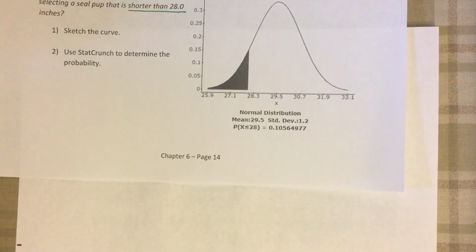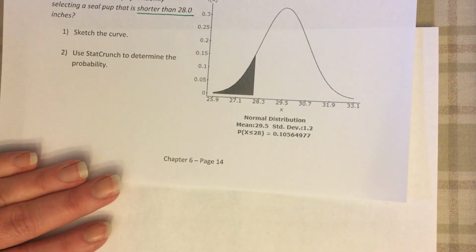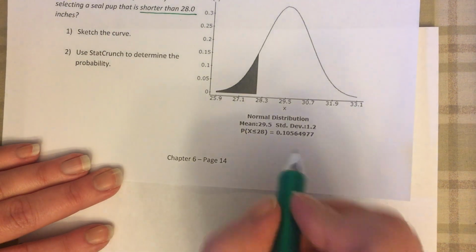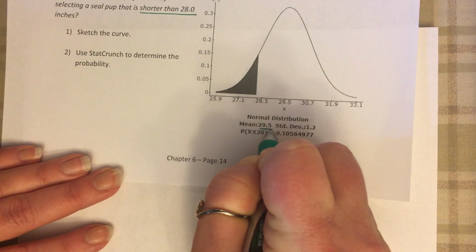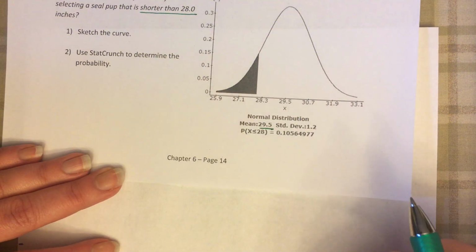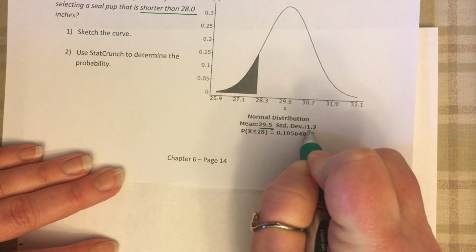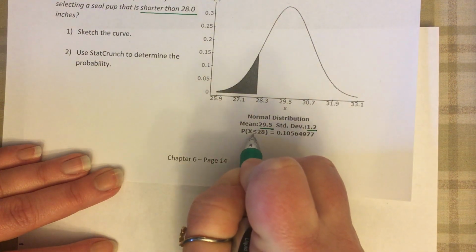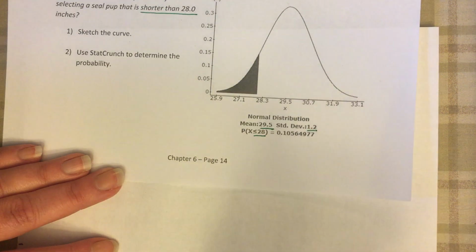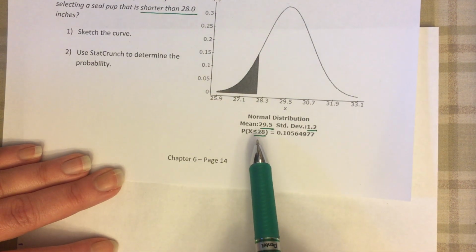Underneath here is the information that we have input into StatCrunch. What we're going to plug into StatCrunch, we're going to find and plug in our mean. Again, that's always the first number after our n. Our standard deviation, we enter that number as well. We want to make sure we pick the correct symbol. So I selected a less than symbol, and then we make sure we put in the value in question in here.